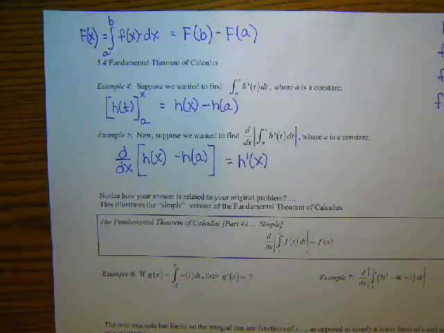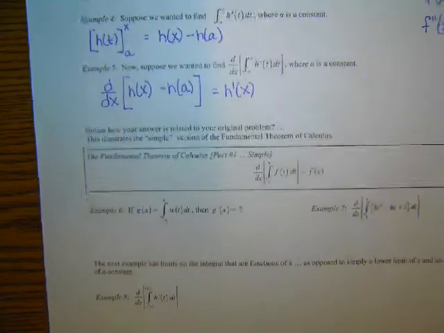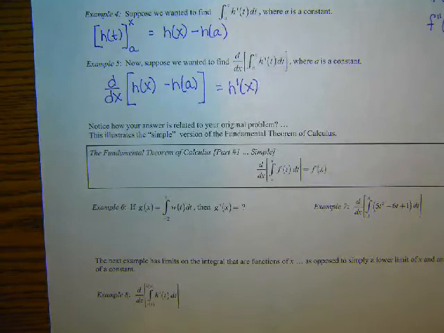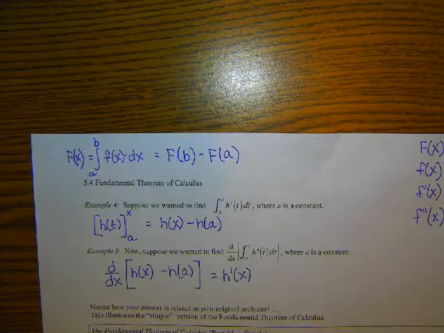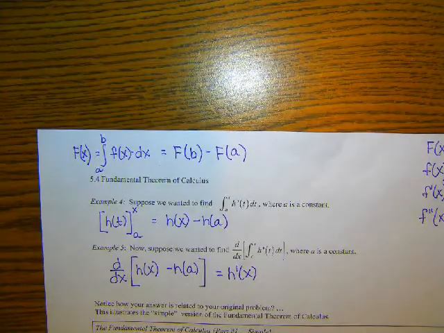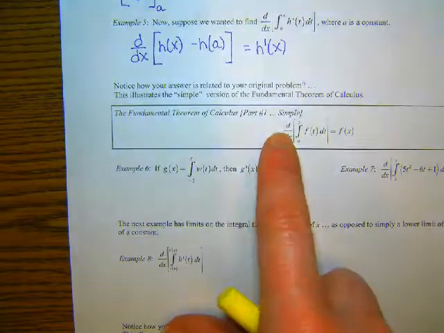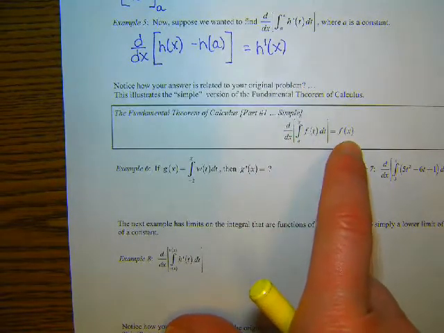So this is the most important thing, guys, so far. This is technically part 1. Part 2 of the fundamental theorem of calculus was what we wrote up above. We call it the evaluation part. That's how you evaluate a definite integral. Part 1 is that the derivative of a definite integral is just this.